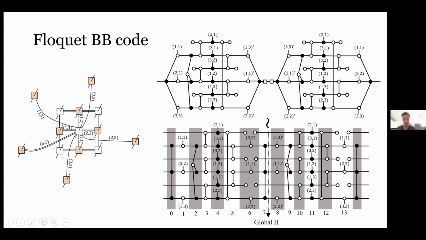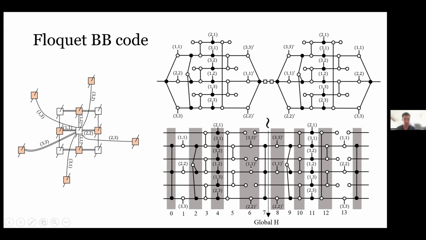At step 1, we have inter-gadget XX measurement, and at step 2, we have intra-gadget weight 3 Z measurements, etc. So this is basically how we can construct Floquet codes for more general LDPC codes.